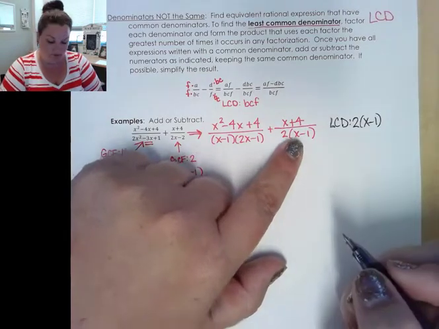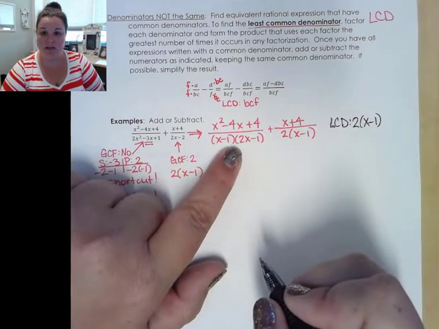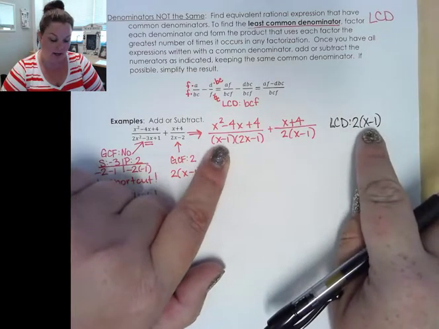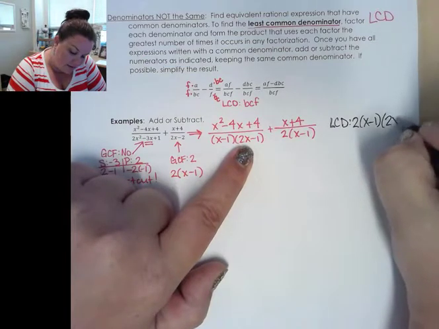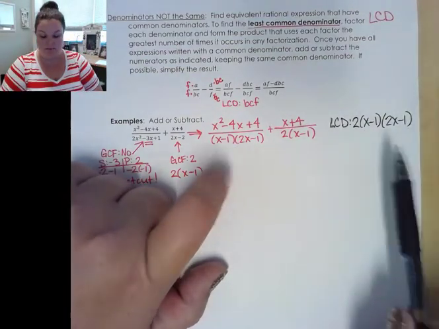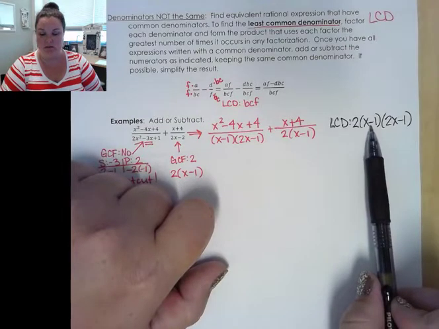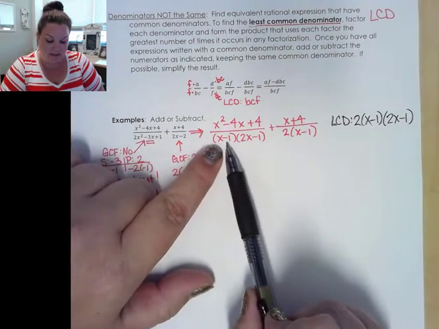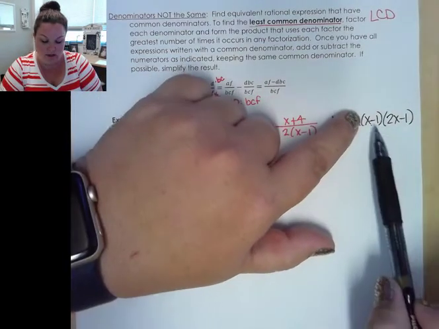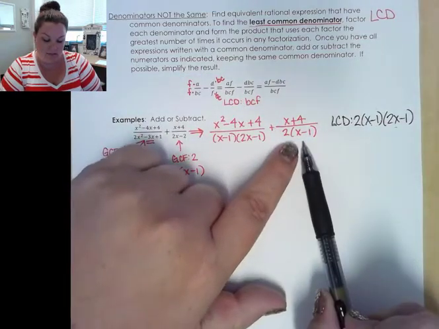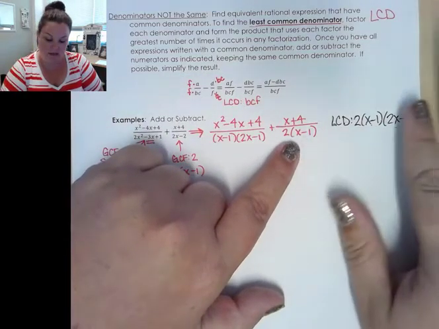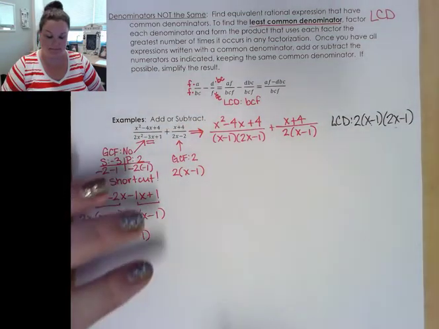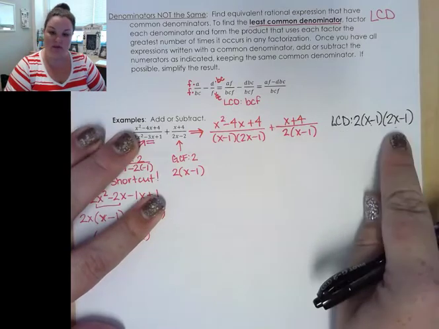For every factor of the first denominator to be within my least common denominator, I need an x minus 1, which I already have, and a 2x minus 1. Notice I'm not using two copies of x minus 1, because I'm just going off of what each denominator needs. The first denominator needs an x minus 1 and a 2x minus 1, and I have that. The second needs a 2 and an x minus 1, and I have that. So I don't need extra copies, no repeats. This is my least common denominator.